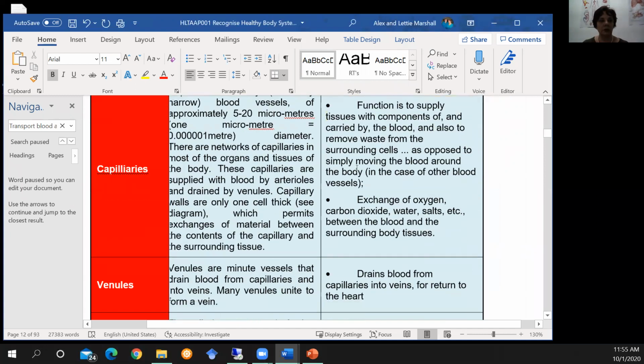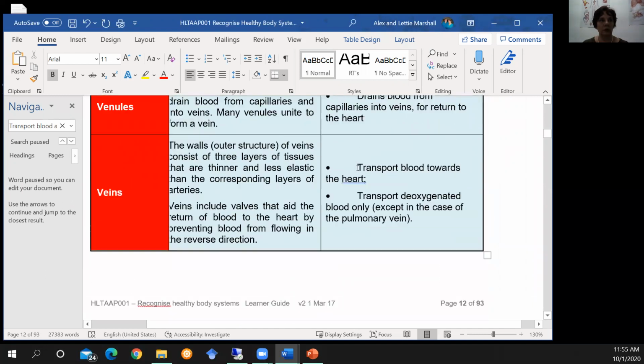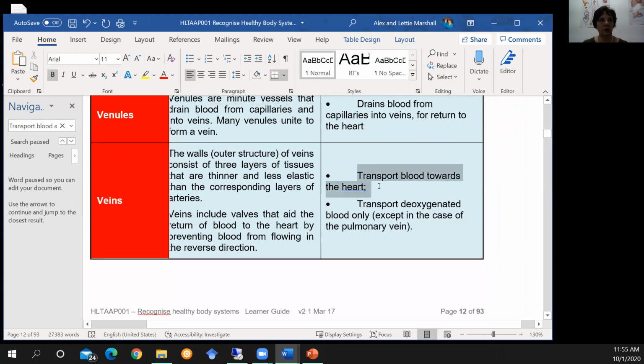So that's arteries, and veins is down here, transporting towards the heart.